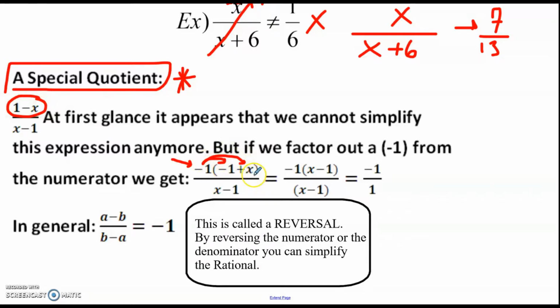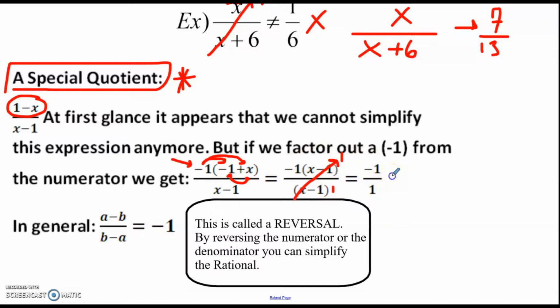Now that you've done that, negative 1 plus x, you can rewrite, right? You can just switch the order here, and you can write x minus 1. All right, so now all of a sudden, I got my negative 1 out here in front, but x minus 1 and x minus 1 are both binomials that we can cancel out to 1. All right, so then we would have negative 1 times 1, or 1 in the numerator, and in the bottom we have 1.